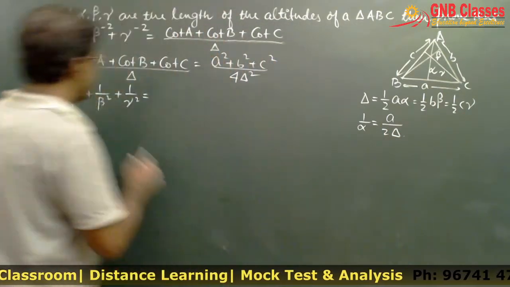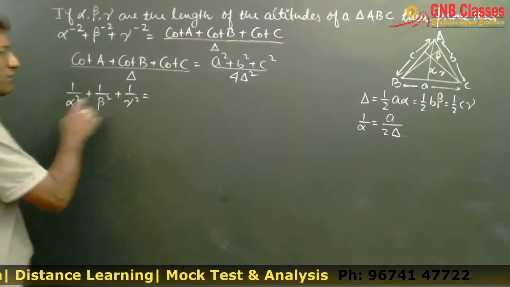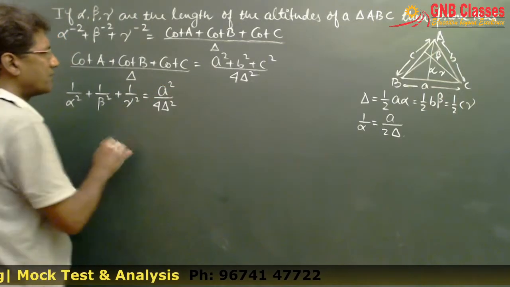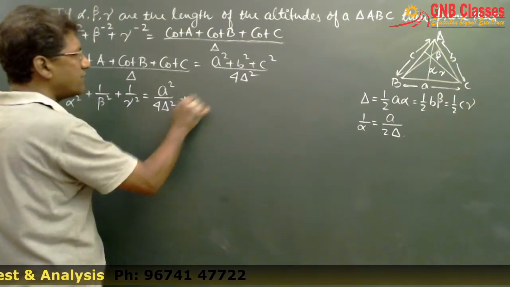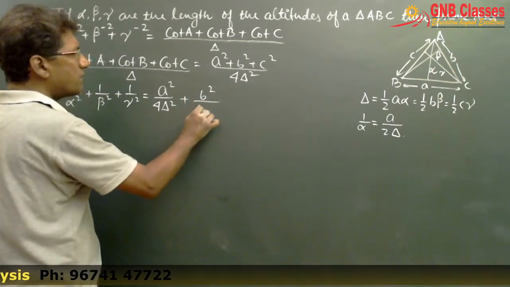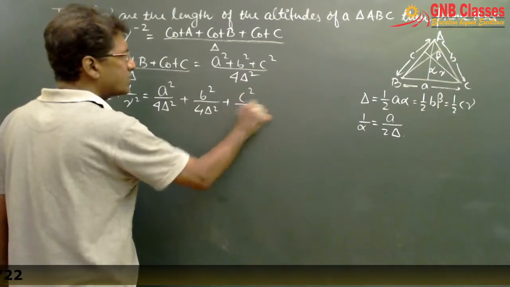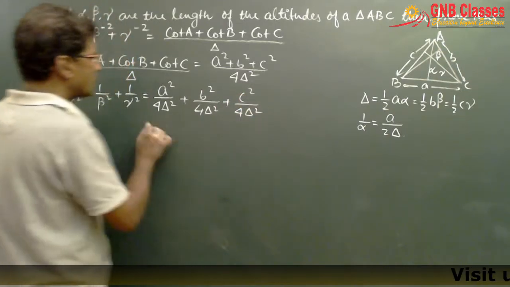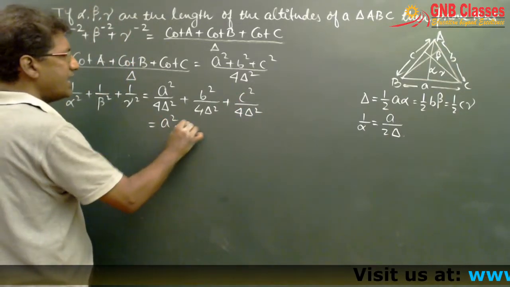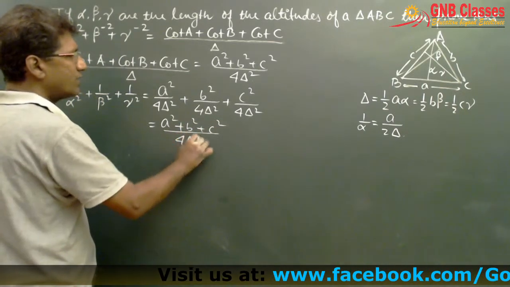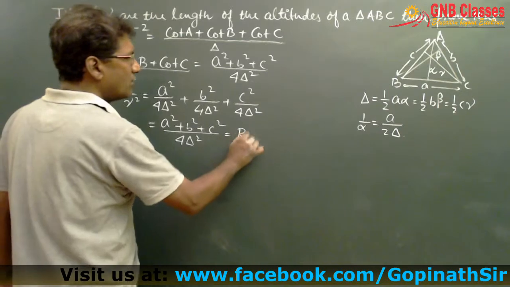So, 1 by alpha square will give you A square by 4 del square. Is it clear? Similarly, 1 by beta square will give you B square by 4 del square, and 1 by gamma square will give you C square by 4 del square. So, all we are getting is A square plus B square plus C square divided by 4 del square, which is nothing but your right hand side.